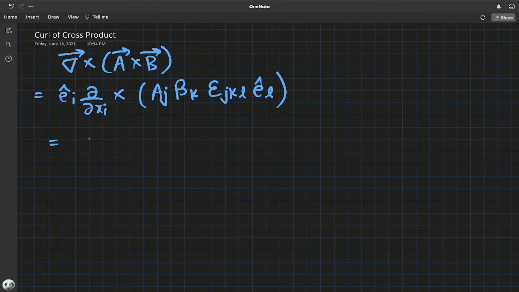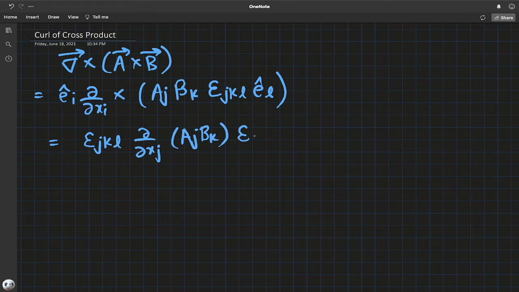So we have, let's see, epsilon JKL partial xj AJBK, another epsilon ILM for this external cross product EM hat. So we have 2 epsilons.